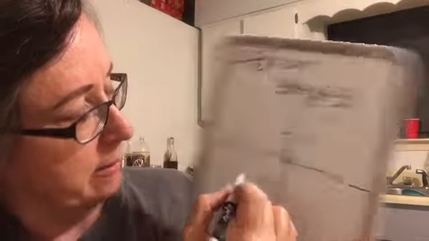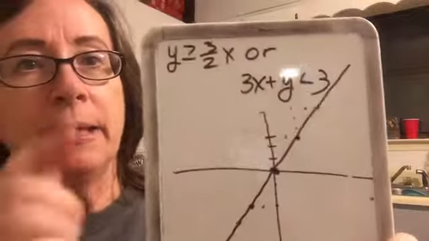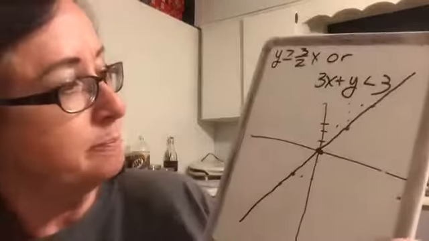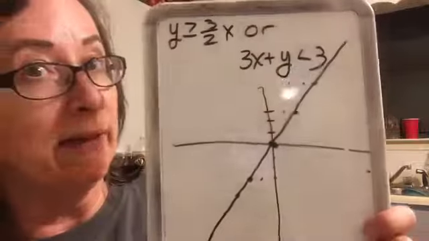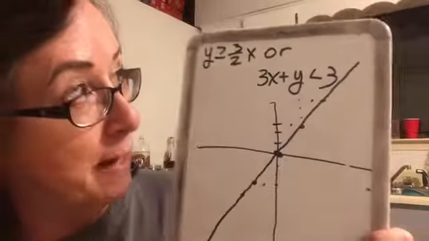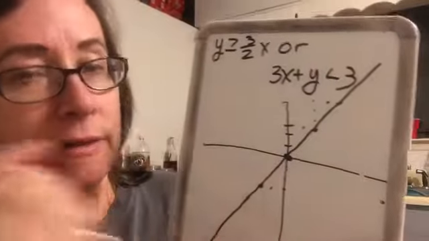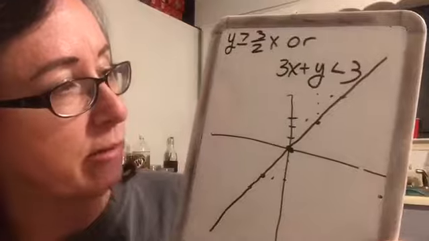They both work. So then we're going to neatly draw a line, and that line is going to be solid because our inequality has an equal sign. So now we have to figure out which way to shade, but our line goes straight across 0, 0.